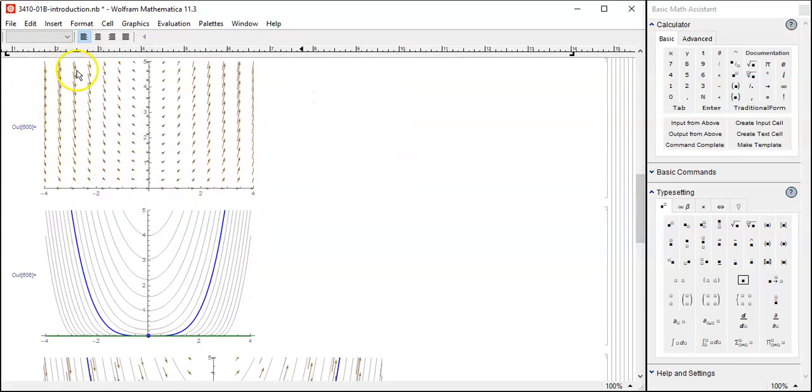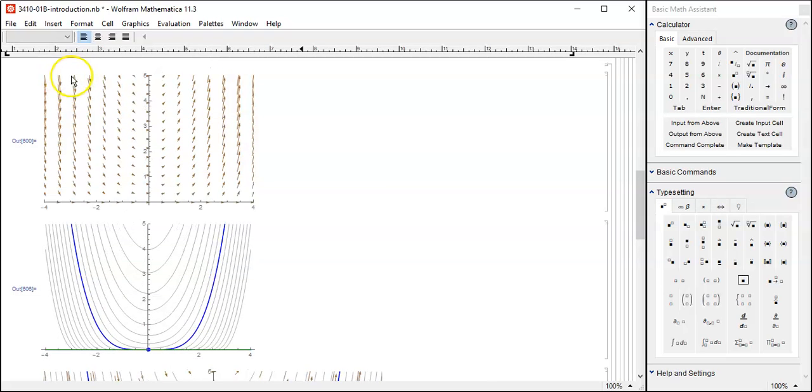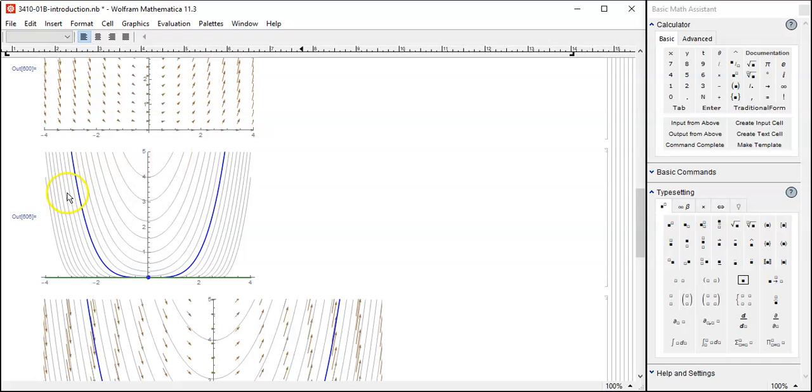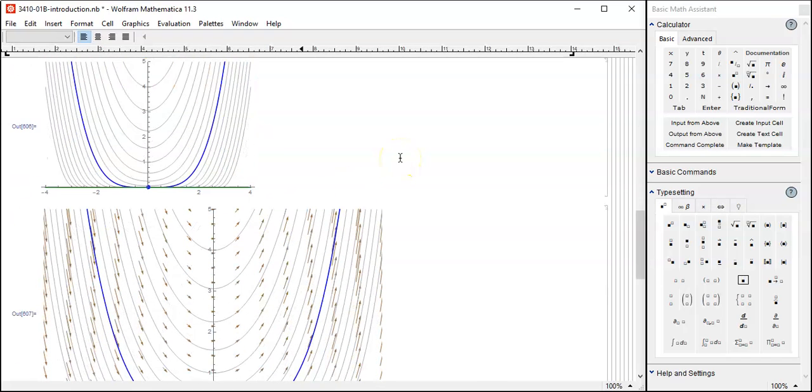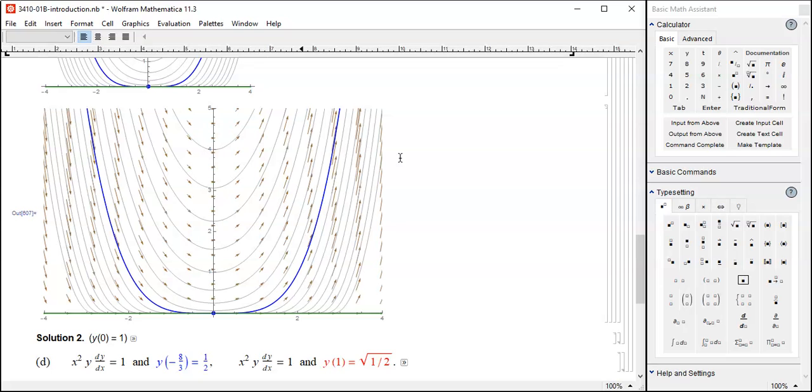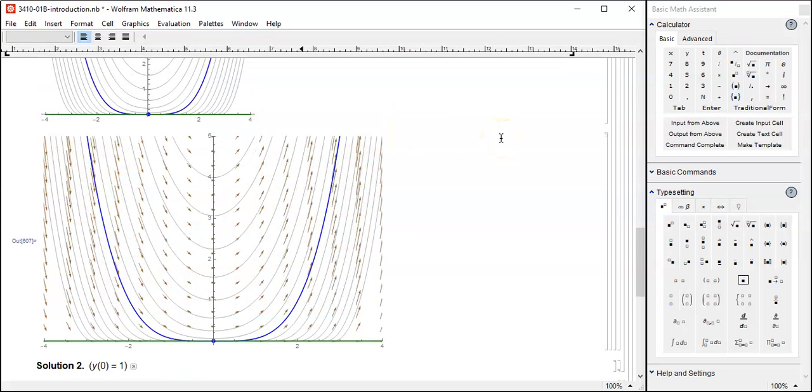In the end, we have some U-shaped, going down, down, down, up, up, up. That's the direction field. And then we are following a bunch of general solutions, solution curves here. And among them, this blue curve is the solution coming from the initial value problem.